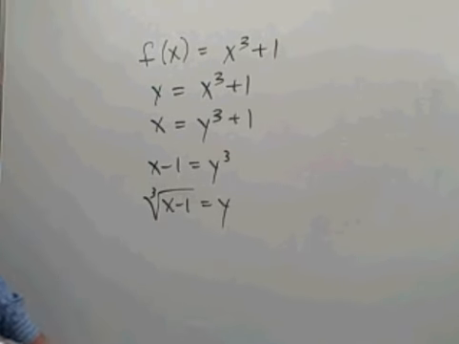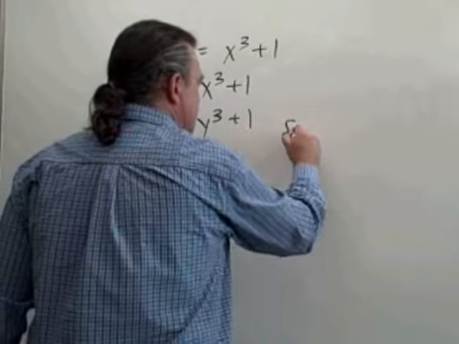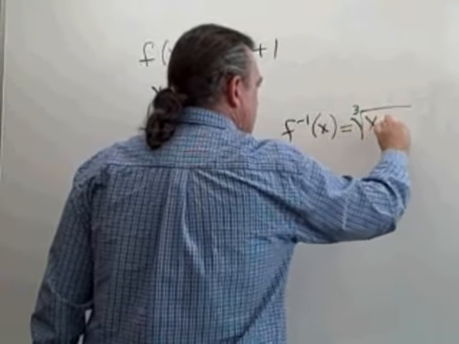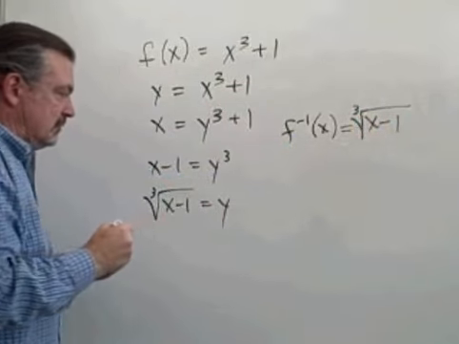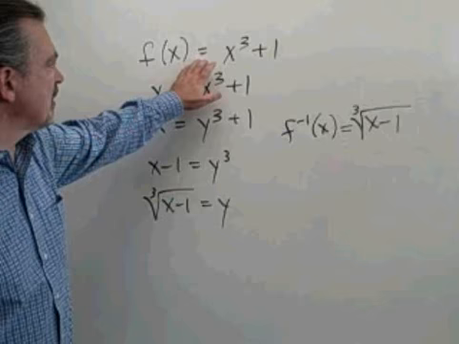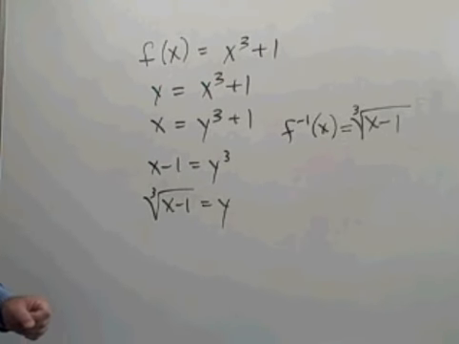So this is the expression, cube root of x minus 1, the expression of the inverse function of our original function f of x.